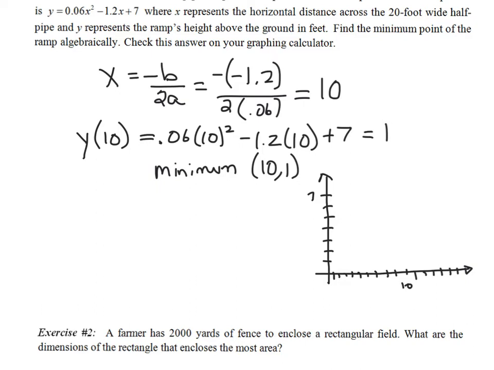So I'm going to say, let's make our x coordinates go from a minimum of 0 to a maximum of 20, because that's the width of my half-pipe ramp. Let's make my y values go from 0 as well, because I want everything above the ground, up to perhaps 10 for my y maximum. So reset your window and type this into your calculator, and then come back and take a look at my graph and see if your graph matches mine.